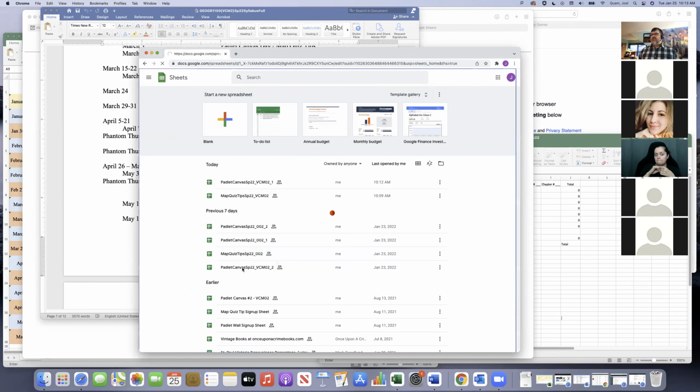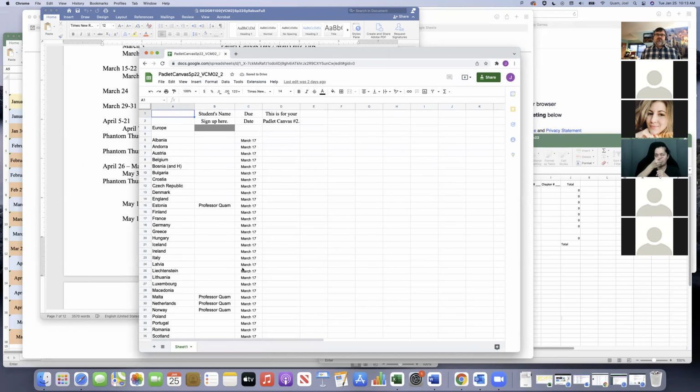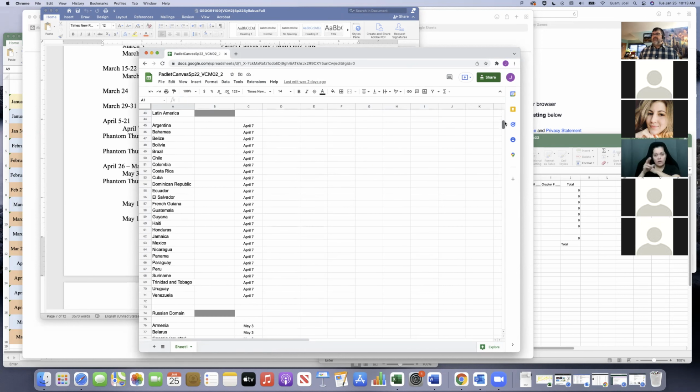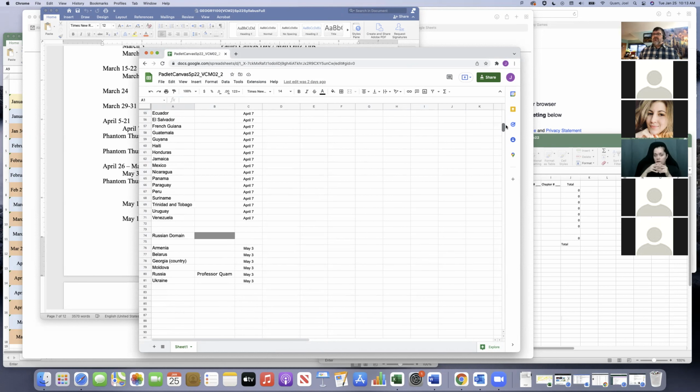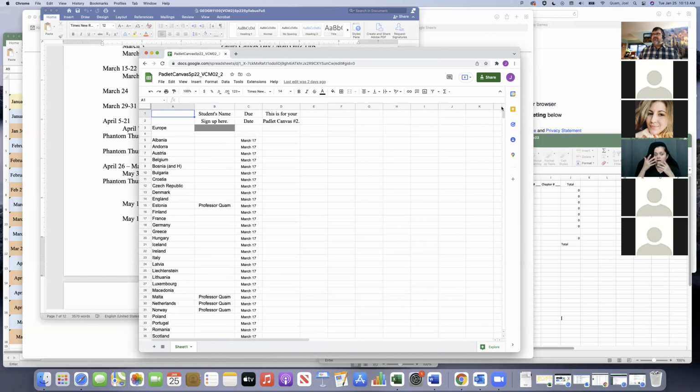So later you will get this sign-up sheet where you will choose either a country in Europe or a country in Latin America, Caribbean, or a country in Russian domain. I've already signed up for a few of those, but later you'll sign up for one of those so that you have a Padlet Canvas ready for either a European country, an LA CAR country, or a Russian domain country.